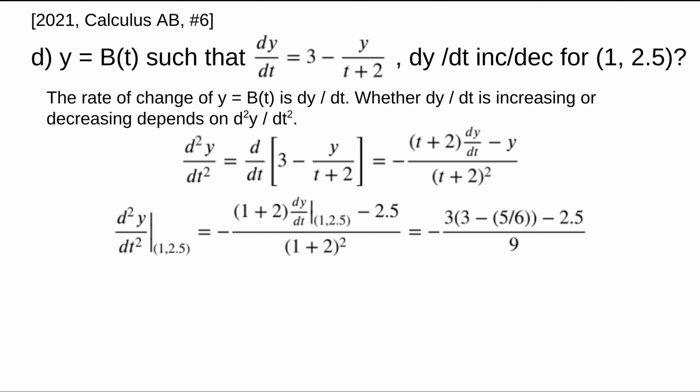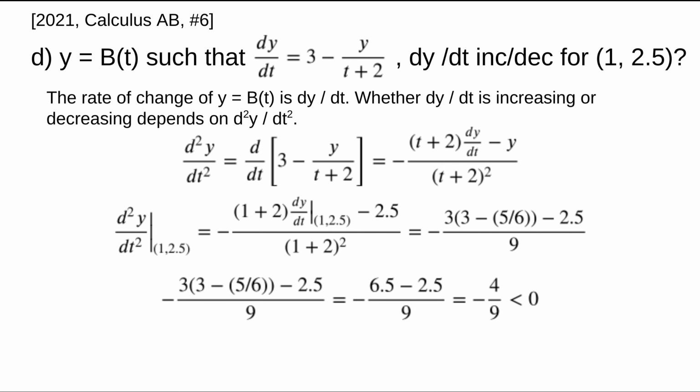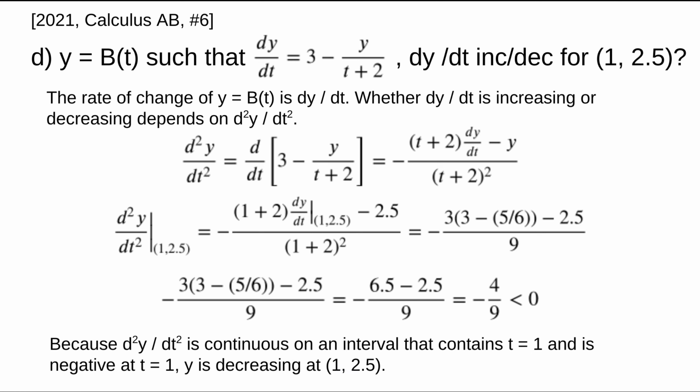Do some arithmetic, simplify, and we eventually get that d squared y over dt squared at the given point is negative 4/9, which is less than 0. So if the rate of change of the medication in the second patient is negative at t equals 1, that means the amount of medication is decreasing at that point.